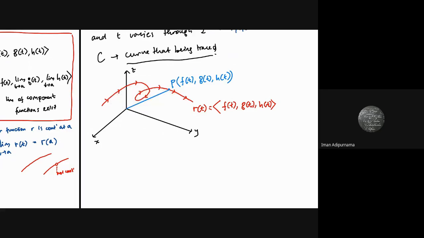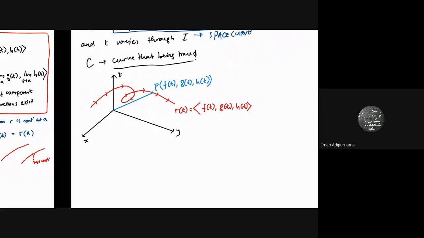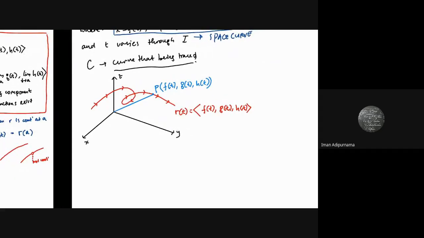I hope you get the idea. This means that in this picture, C is traced out by the tip of a position vector r(t).